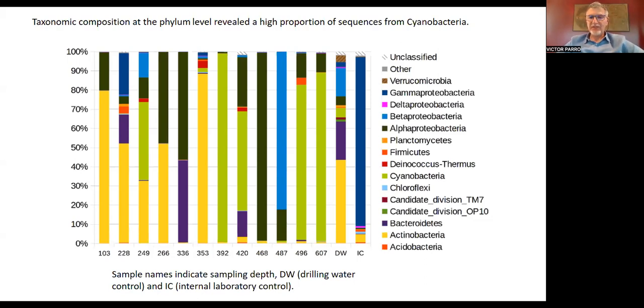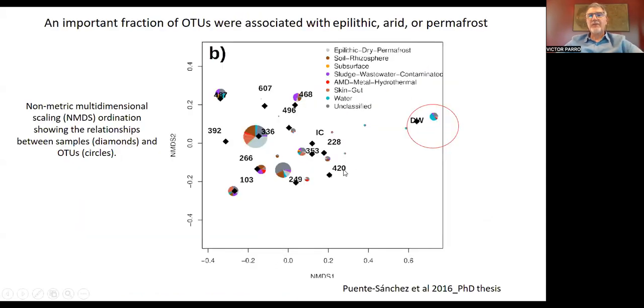At the beginning we thought that it could be a contamination, but it didn't seem to be the case, because other analysis, in that case non-metric multidimensional scaling, show how the drilling water, for example, falls very far apart from the main samples.